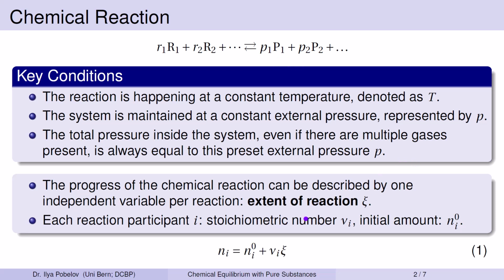At any point during the reaction, the current amount of any substance I can be calculated as its initial amount Ni0 plus the product of its stoichiometric number μI and the extent of reaction Xi.